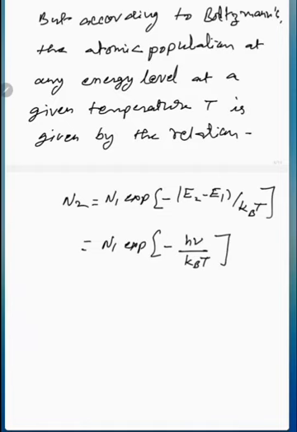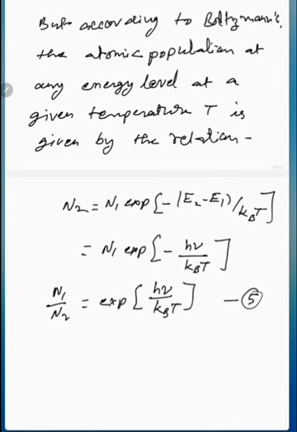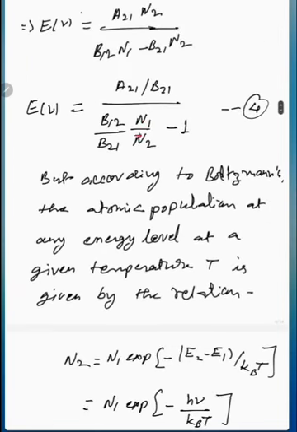Therefore, we can write N2 is equal to N1 exponential minus h nu by KBT, and from here we can find N1 by N2 is equal to exponential h nu by KBT. Suppose this is equation number 5, and we will put the value of N1 by N2 from this equation in equation number 4.